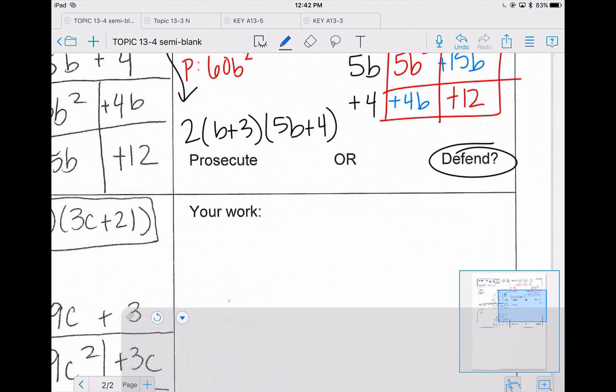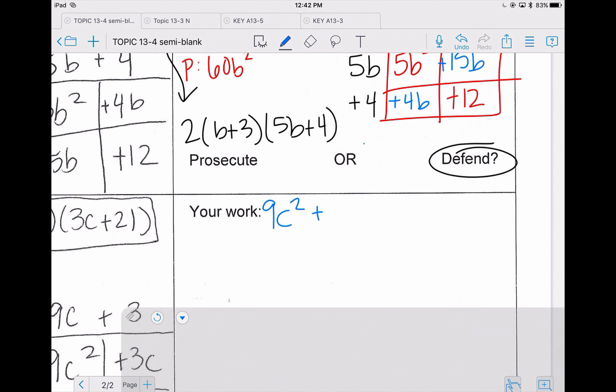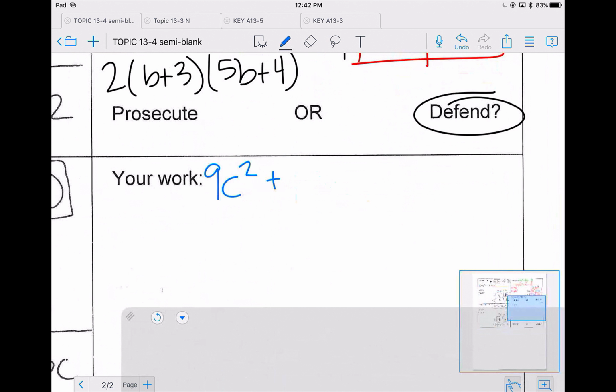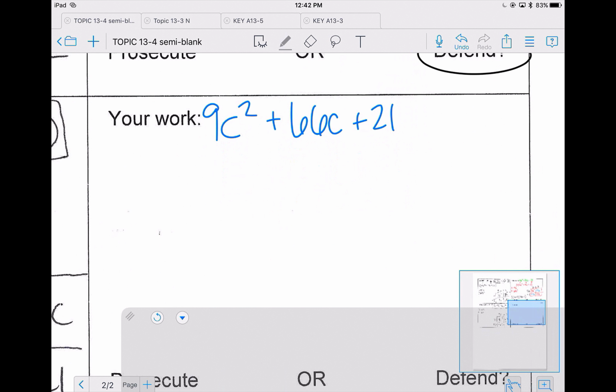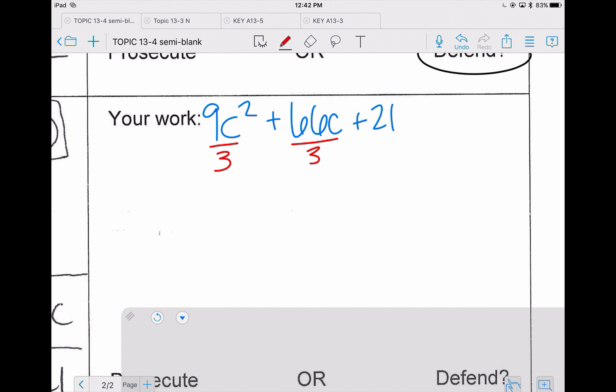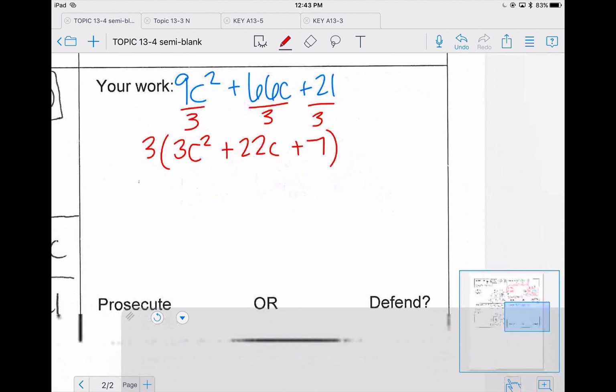So problem 4, 9c squared plus 66c plus 21. So the first thing I notice is these are all divisible by 3. 9 cannot come out of 66, and 66 can't come out of 9, and 9 can't come out of 21, so it's only going to be a 3. So I'm going to take out a 3 here and have 3c squared plus 22c plus 7.